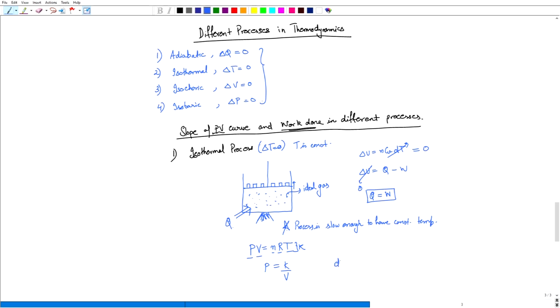So dP times V plus P dV is equal to 0, and dP by dV is nothing but minus P by V.